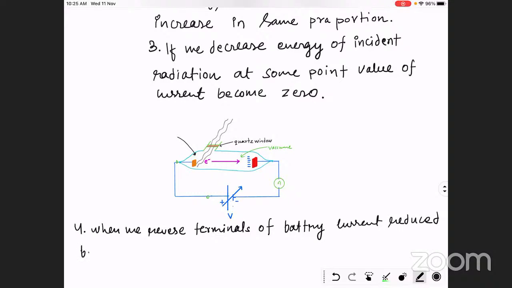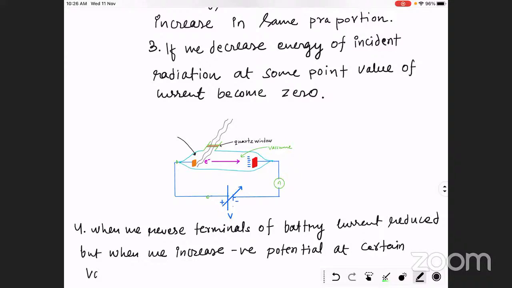But when we increase the negative potential, at a certain value, current becomes 0.